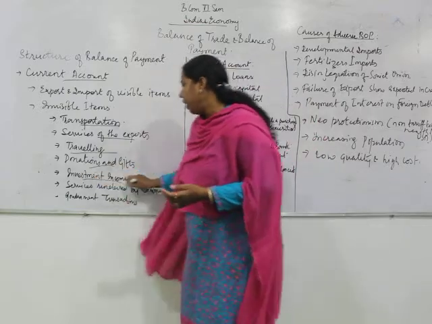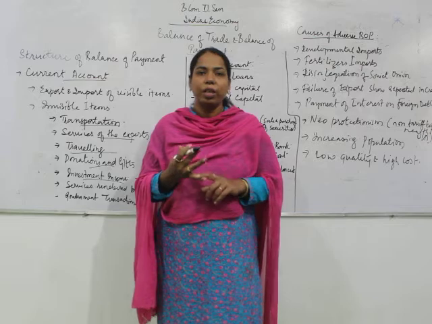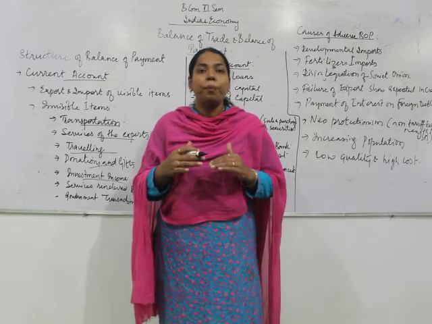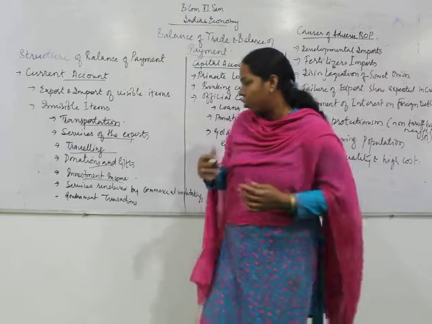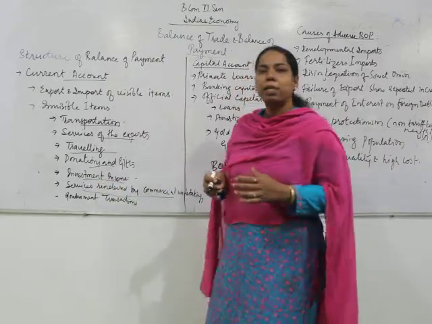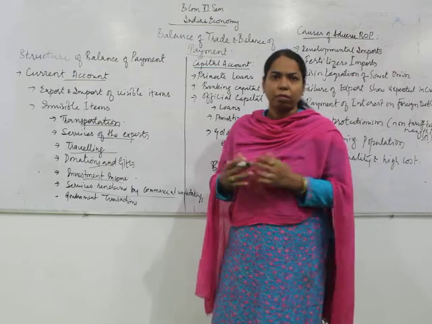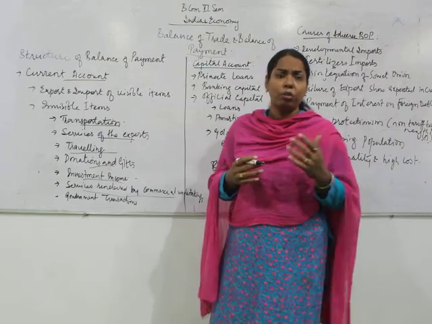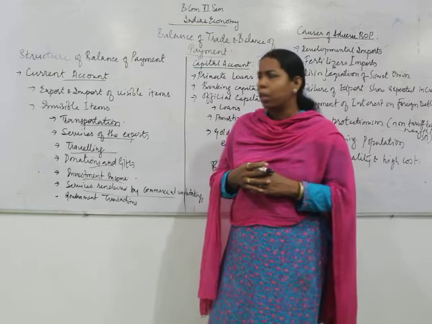Similarly, the investment incomes like the dividend as well as the interest on the investments which are made in other countries. Services rendered by the commercial undertakings: the banks also provide different services to other countries. So that is also part of the current account.